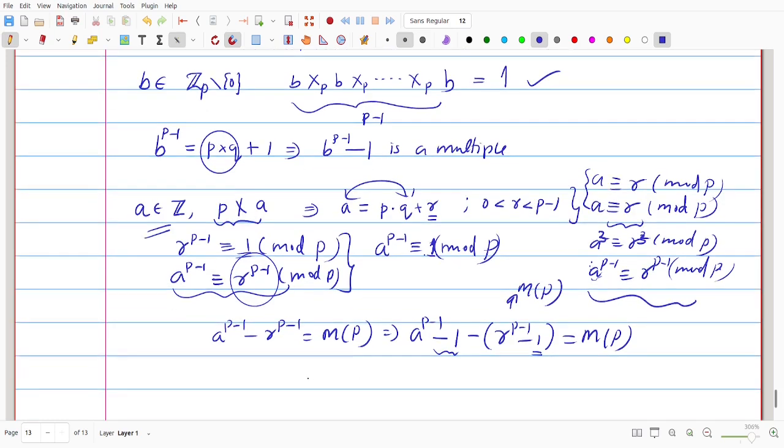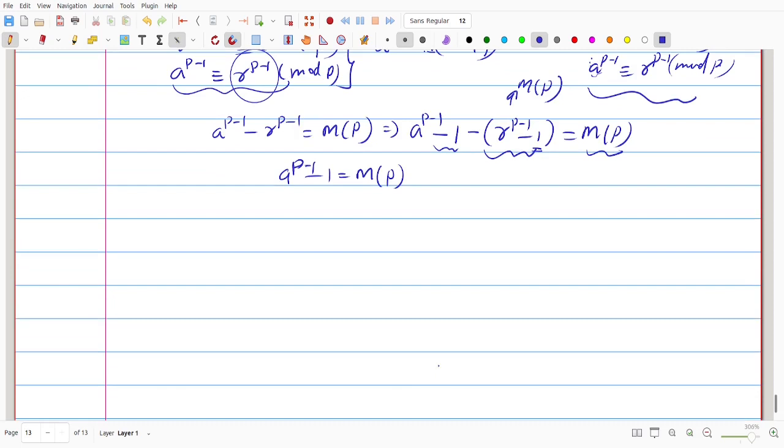Therefore, A raised to P minus 1 minus 1 is also a multiple of P, because this is a multiple of P and this is a multiple of P. So this proves Fermat's little theorem.